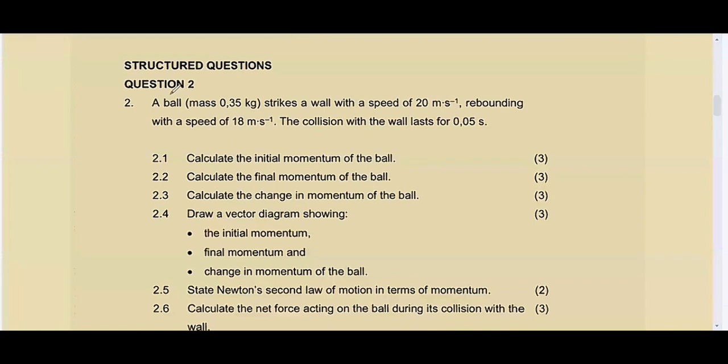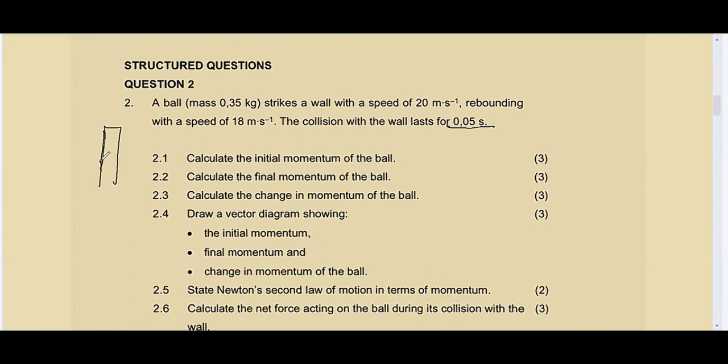Then, okay, question 2 says a ball of mass 0.35 kg strikes a wall with a speed of 20 meters per second, rebounding with a speed of 18 meters per second. The collision with the wall lasts for 0.05 seconds. Then 2.1 says calculate the initial momentum of the ball, right? Let's see the scenario that is taking place here.